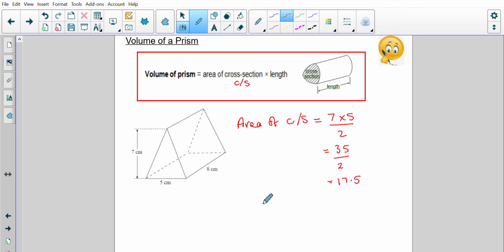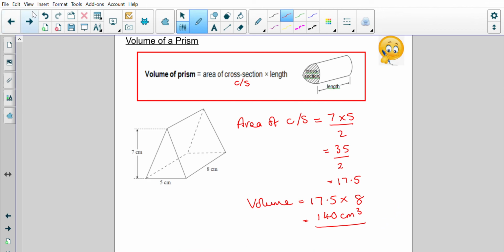And then to get the volume, I'm going to take the area of my cross section and I'm going to times it by my length, which is 8 centimeters. I take my 17.5 and I multiply by 8, and I get 140 centimetre cubed. I could put units of area here, centimetre squared, but it's fine just to put the final units at the end of the question, the units of volume, centimetre cubed.